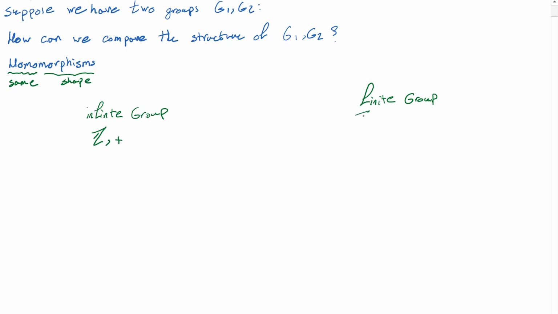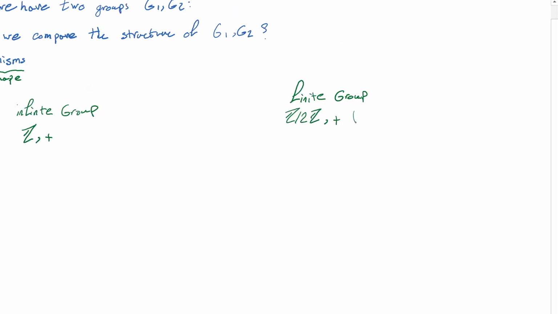So let's talk about the group of mod 2, and the operation is plus. This means the set of integers mod 2. That's what the notation says.